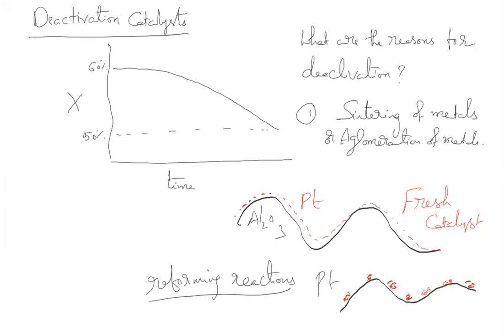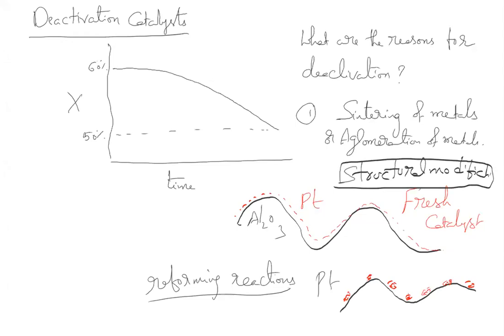Clear. So this is what is called structural modification of the catalyst. This is structurally modifying the catalyst. So what is catalyst deactivation? Basically, the performance of the catalyst is decreasing with respect to time.